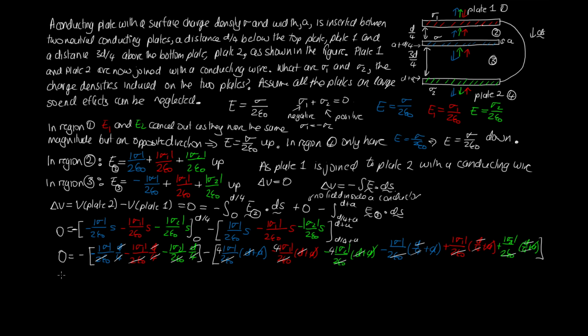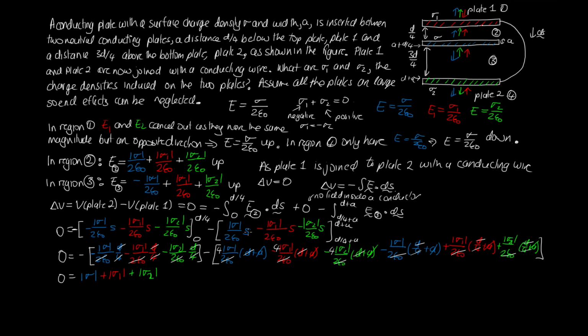Okay, so now let's write down what we've got left. So this first term, we've got a negative and a negative. So that is just sigma. And then we've got a negative and a negative, so that's plus sigma 1. And then again, we've got a negative and a negative, so that is plus sigma 2. And then here we've got 4 sigma, and here we've got minus sigma.